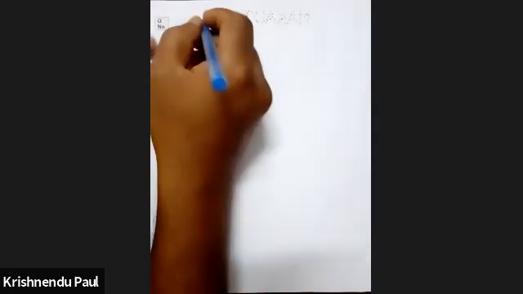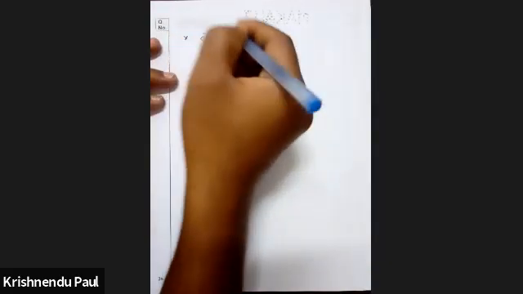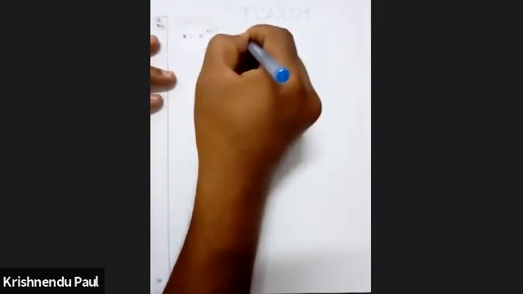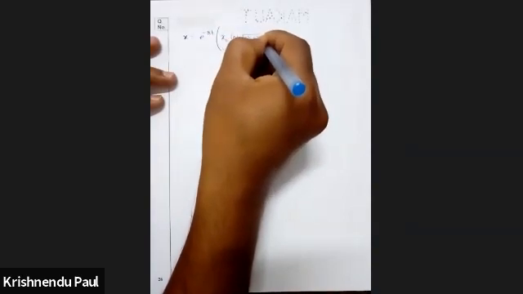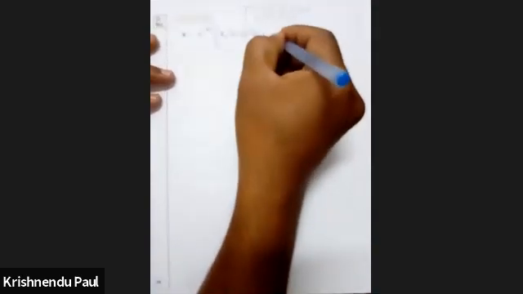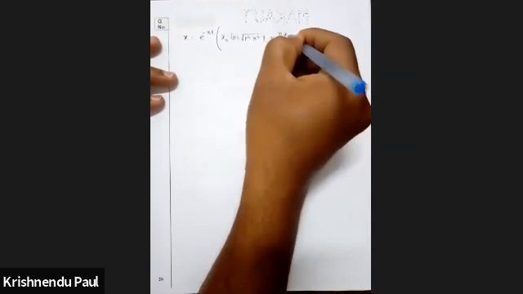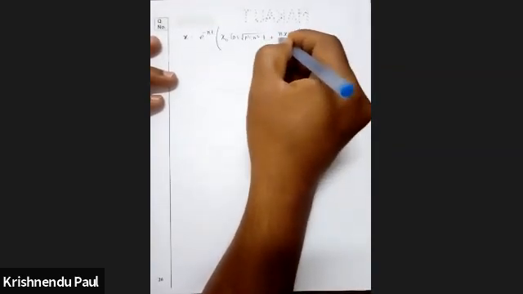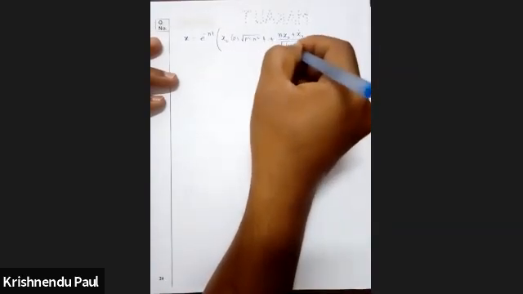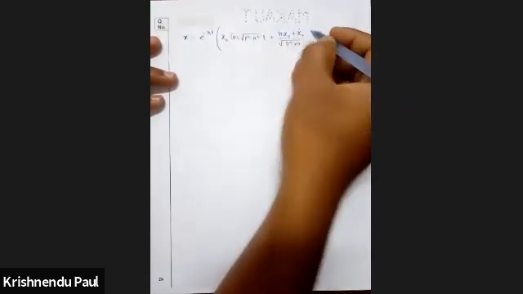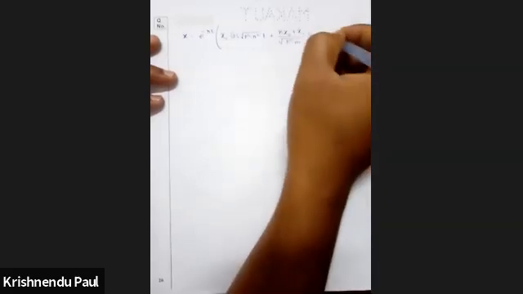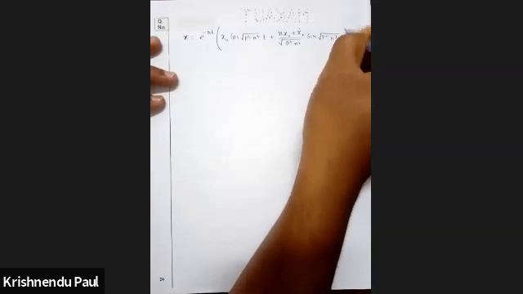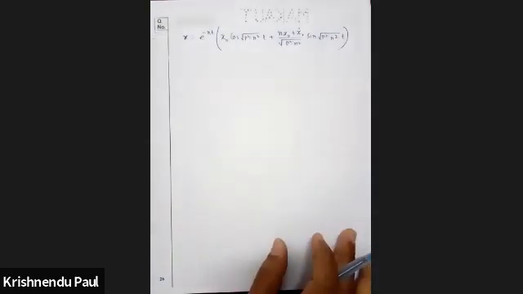The equation was x = e^(-nt) [x0 cos(√(p² - n²) t) + ((n x0 + x0 dot)/√(p² - n²)) sin(√(p² - n²) t)]. So this was the equation.